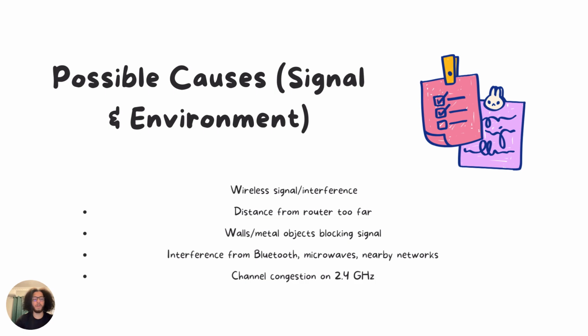Interference from neighboring networks, Bluetooth devices or microwaves can also affect the connection quality, especially in crowded 2.4 GHz channels. So the specific environment is the first thing to evaluate.